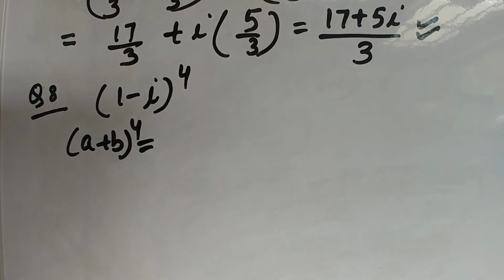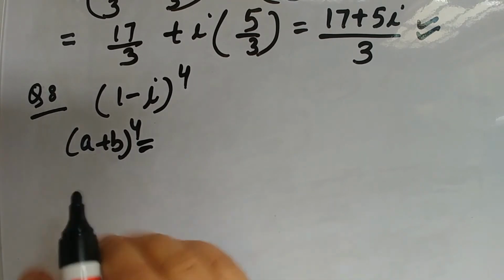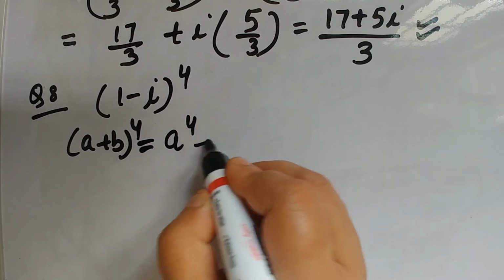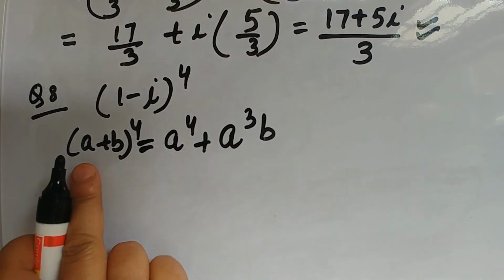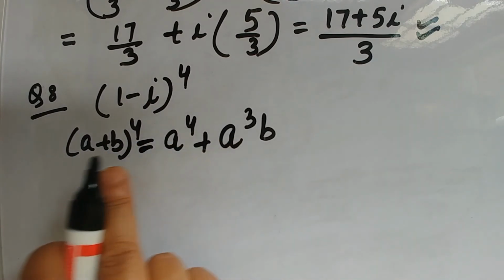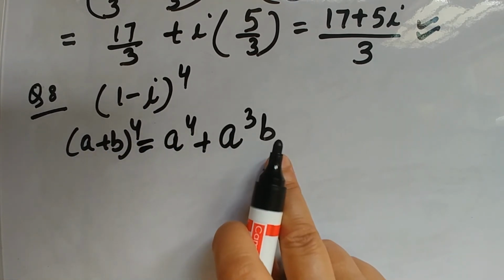Dear students, when you will have the knowledge of this binomial theorem, you will be easily able to expand the higher powers also. So it starts like a4 plus a cube b. The power of a starts decreasing by 1 and the second binomial element starts getting added up.